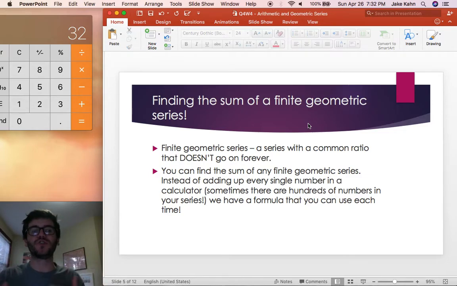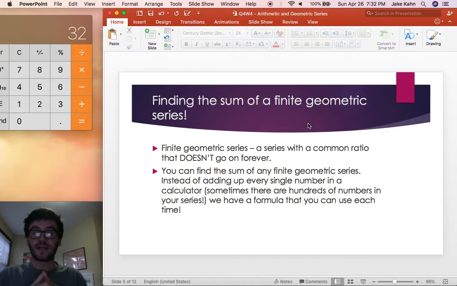Finite as opposed to infinite being the opposite of that, right? Infinite goes on forever. We do not talk about those in Algebra 2 for right now. That'll be more pre-calculus material, I believe, for you guys. We are sticking to geometric series that have a start and a finish, that have a finite number of terms.